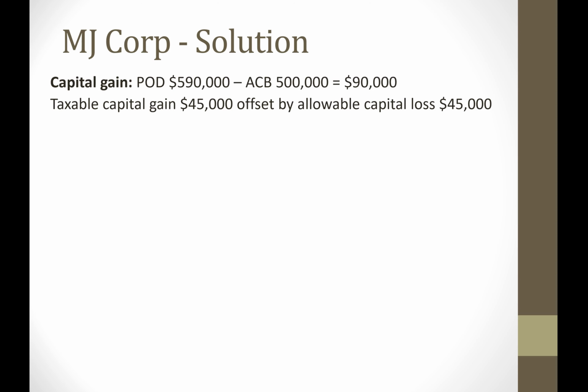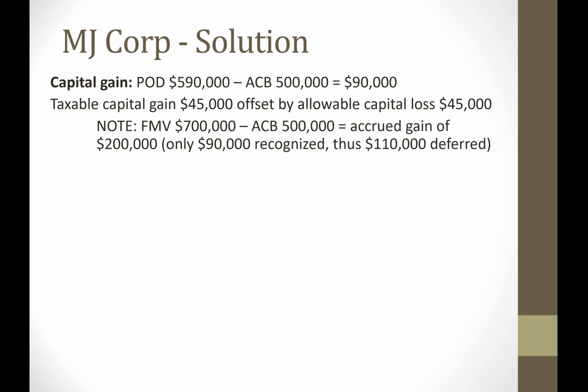Taxable capital gain and allowable capital loss, those are the 50% amounts. So by choosing an elected value of $590,000, that's going to create this taxable capital gain of $45,000, which she will have to report, but it's going to be offset by an allowable capital loss of $45,000, and so that's going to bring the amount that's going to be taxed to zero.